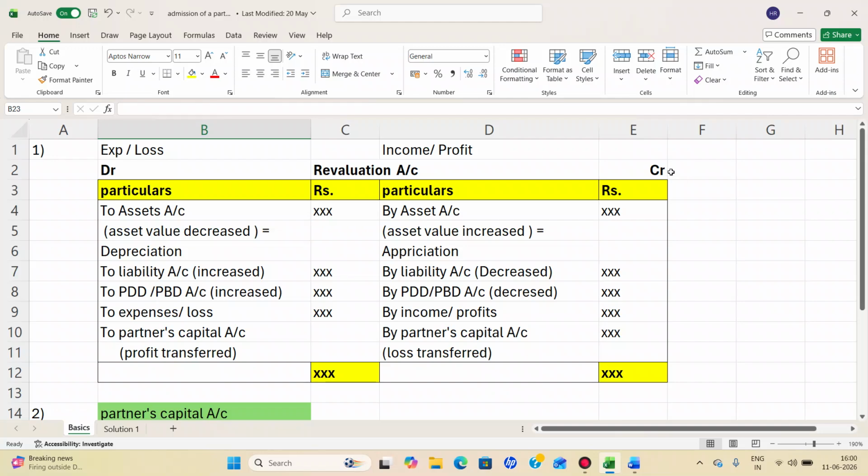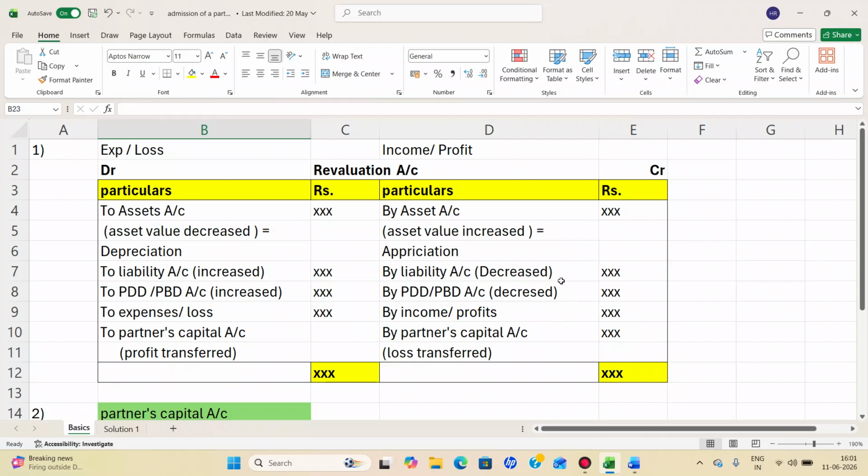Here on the credit side, by asset account, that is, if asset value is increased, that is appreciation, we have to write it here on the credit side. By liability decreased: if any liability is decreased, we write it on the credit side. By PDD account decreased, we write it on the credit side.